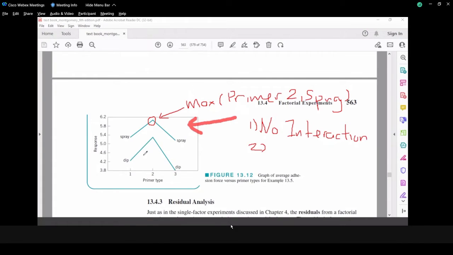Dipping is worse. Regardless of primer type, dipping is always less than spraying. So you must choose the spray process to maximize the response. This is the interpretation.